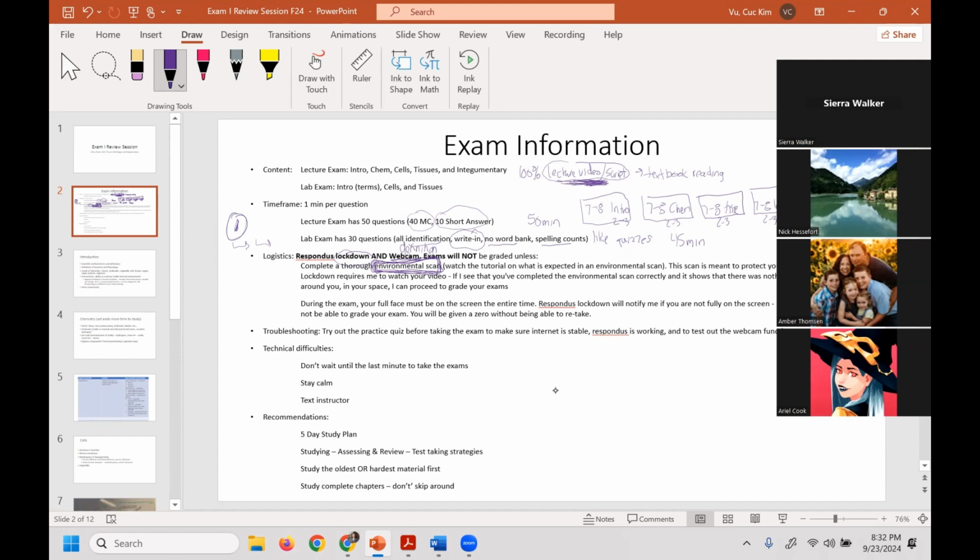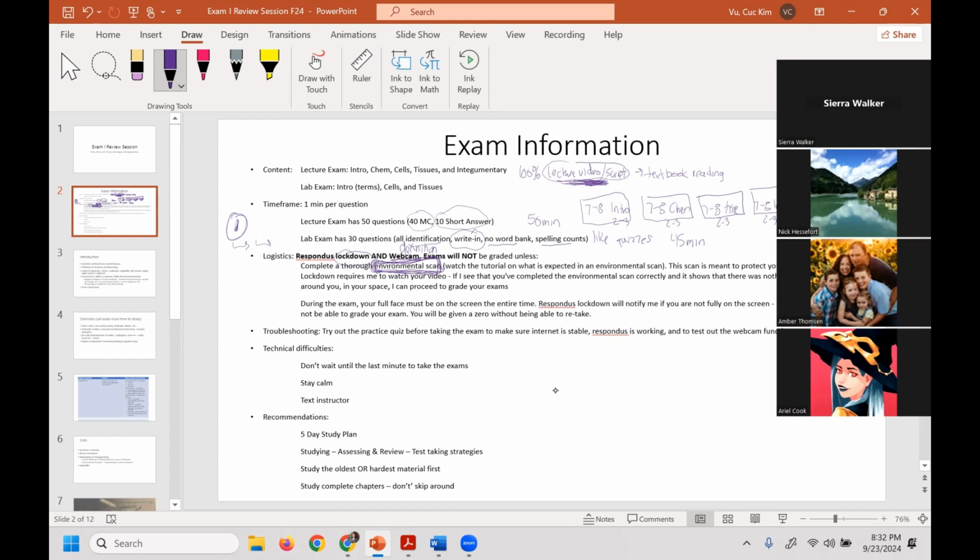Sometimes students have a mirror in the back to show that there's no suspicion. So the environmental scan protects you more than anything else. Because one, I don't watch your environmental scan or the recordings of you taking the exam, unless Respondus Lockdown flags you and makes me watch it.